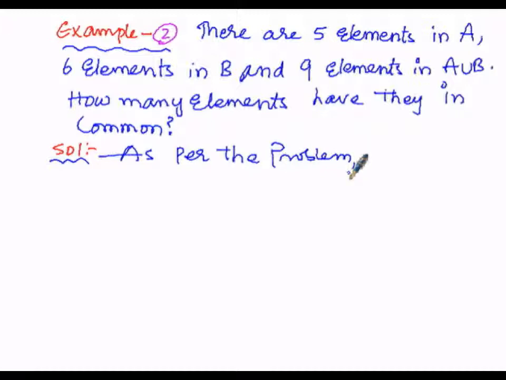So, there are 5 elements in set A. The number of elements present in set A is 5.